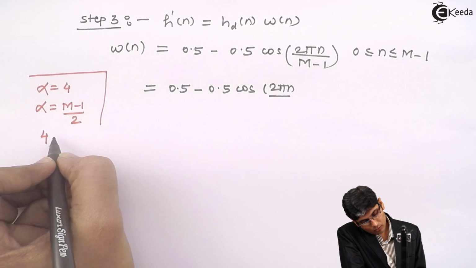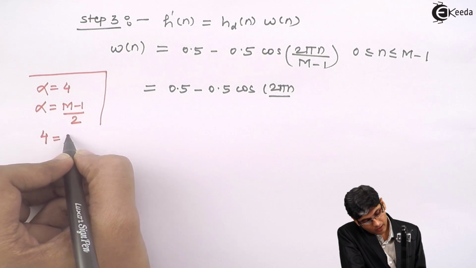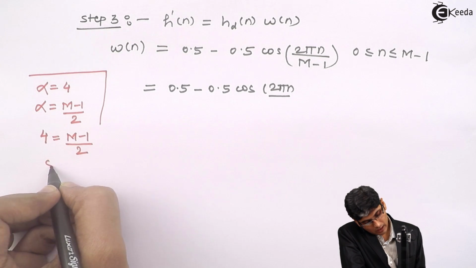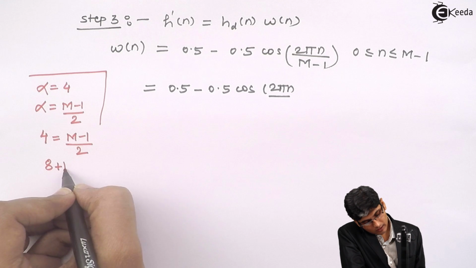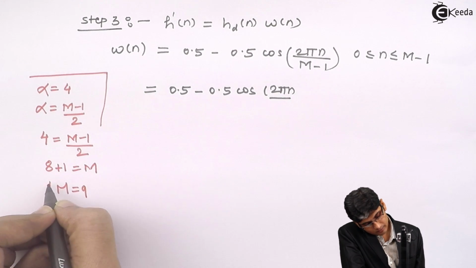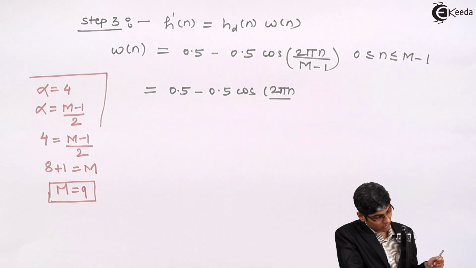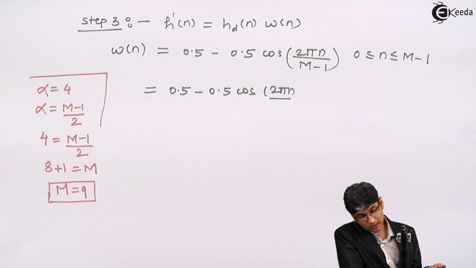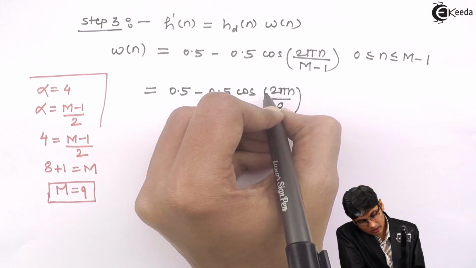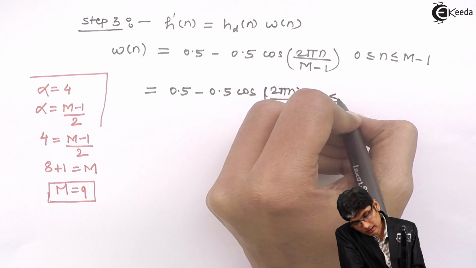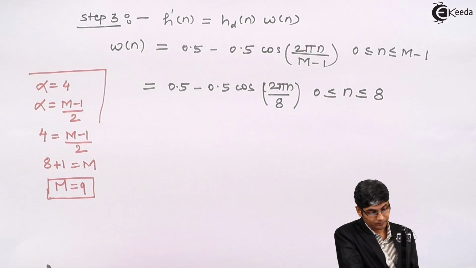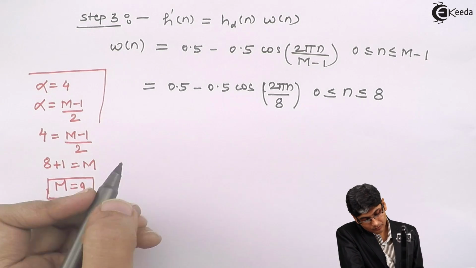So if we write 4 equals m minus 1 by 2, it will be 8, and if I take that 1 to the other side, 1 plus 8, so m comes as 9. So the length of the filter required is 9, that is 0 to 8. So I can write m minus 1 as 8 and 0 less than or equal to n less than or equal to 8.